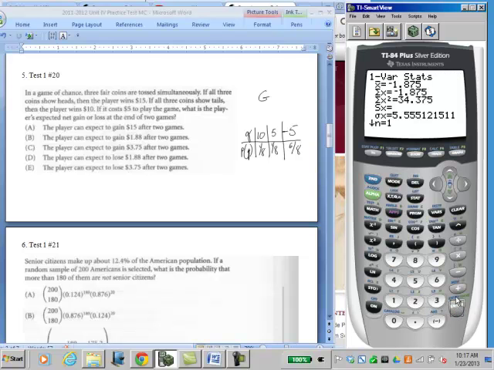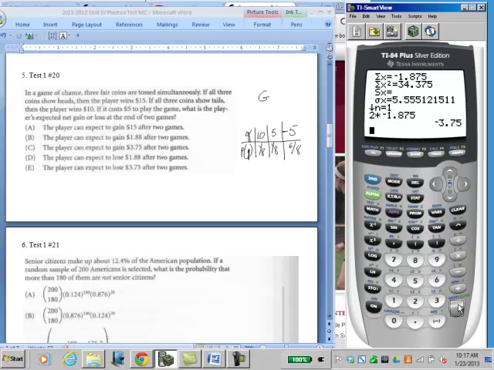Okay, so on 1 game, on average, you're going to lose $1.875, negative, okay? So you're doing 2 games. So after 2 games, it's going to be 2 times negative 1.875, which is negative.